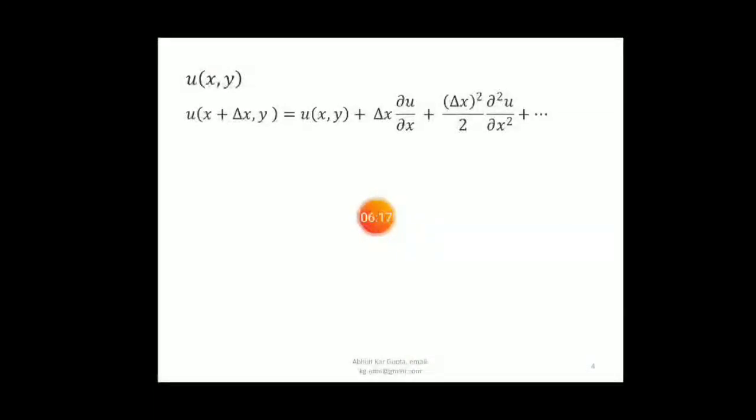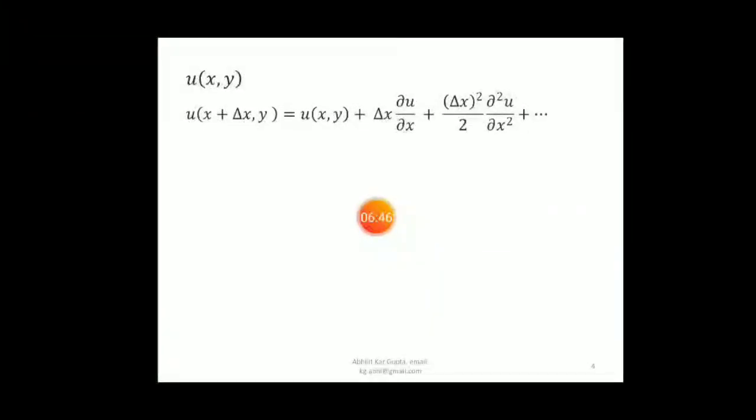Expand this in terms of x. On the left, u(x plus Δx, y) equals u(x,y) plus Δx ∂u/∂x plus (Δx)² by 2 ∂²u/∂x² and so on, all these terms. This is a partial expansion in terms of x. You have done this Taylor series in your life many times.